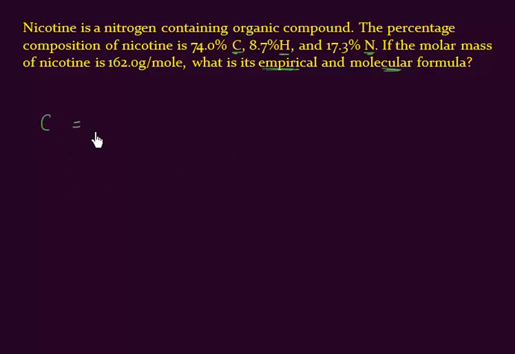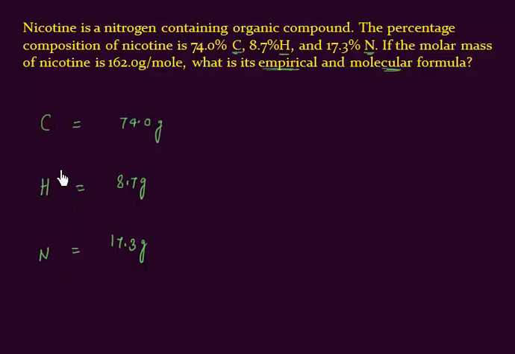Carbon has 74.0 gram mass, and hydrogen has 8.7 gram, and nitrogen it has 17.3 gram.